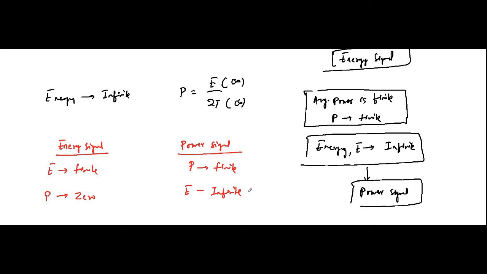The definition of an energy signal is if a signal has finite value of energy but average power is 0. Here we are talking about normalized energy and normalized power, but generally it is expressed as only the energy and power. Next, for a power signal, if a signal has finite normalized average power and infinite normalized energy, or simply infinite energy, then it is called a power signal.